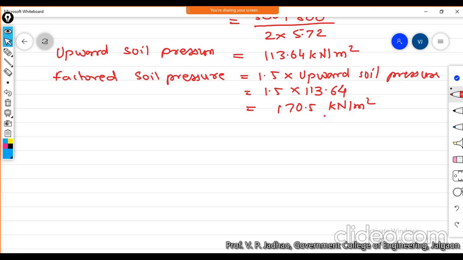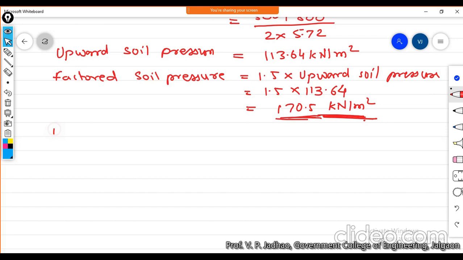But this pressure is in kilonewton per meter square. For calculating the bending moment and shear force, we need this load in terms of kilonewton per meter. Therefore, we get this value by multiplying 170.5 by the width of our footing, giving the load per meter acting along the longitudinal direction.